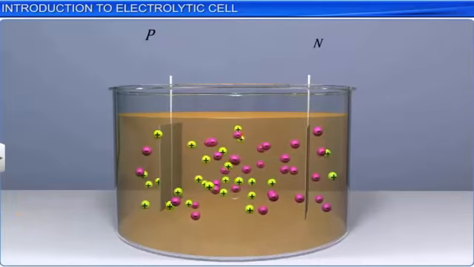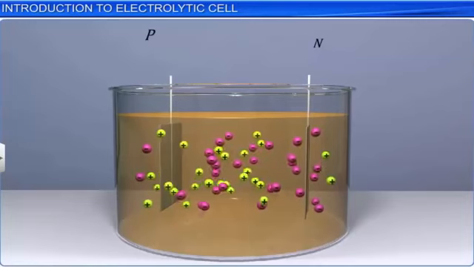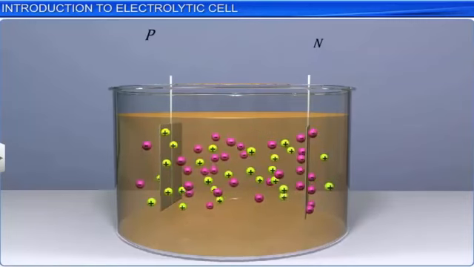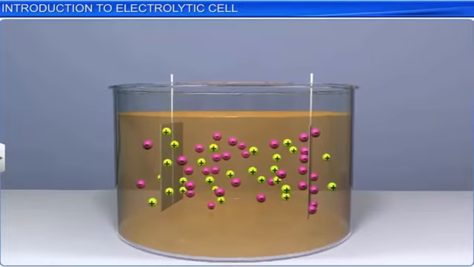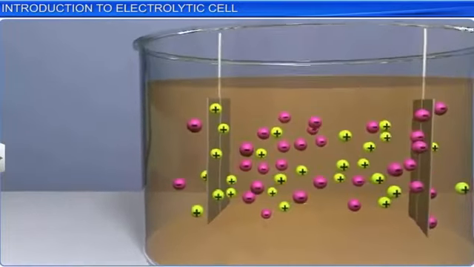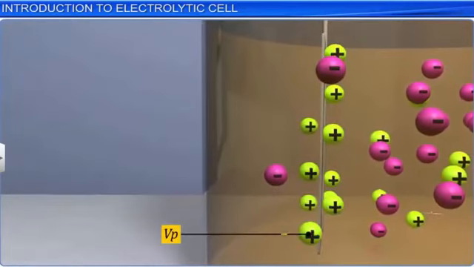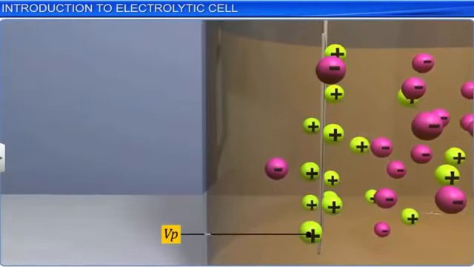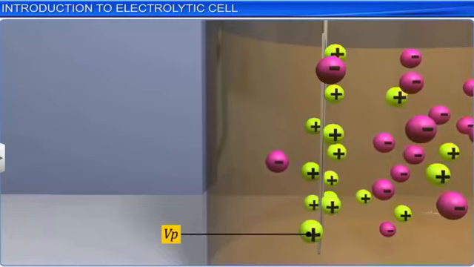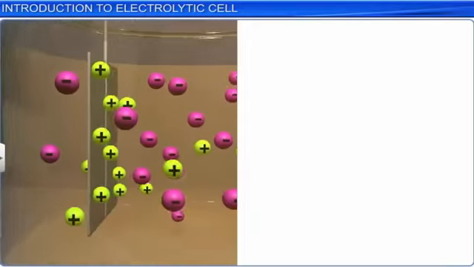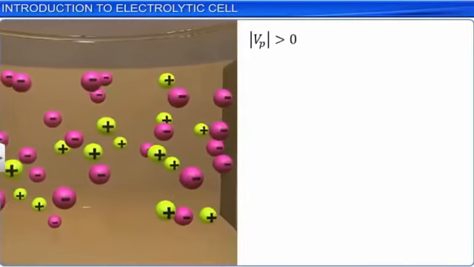The electrodes, when dipped in the electrolyte, exchange charges with the electrolyte. Due to the exchange of charges, the positive electrode P acquires a potential difference Vp between itself and the electrolyte solution immediately adjacent to it. The magnitude of Vp is always greater than 0.